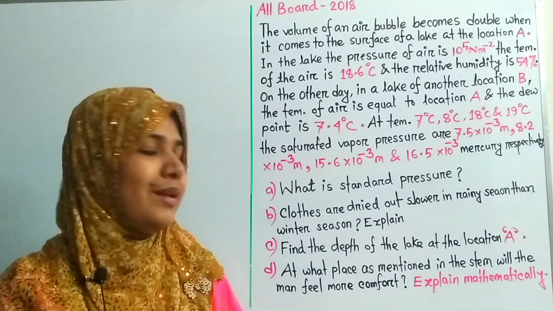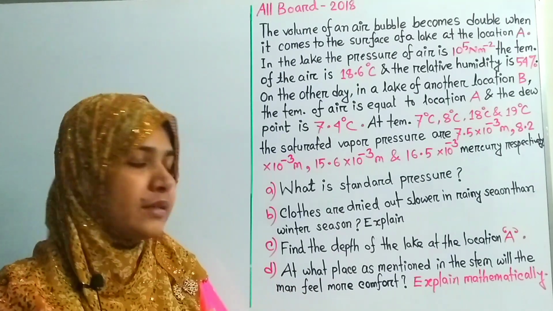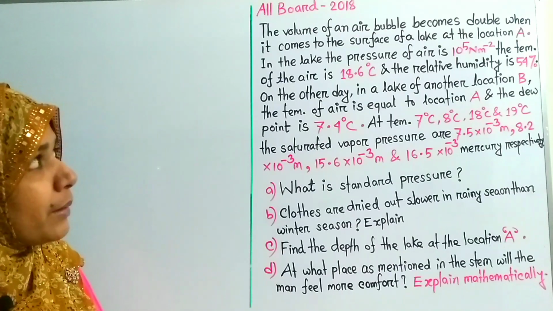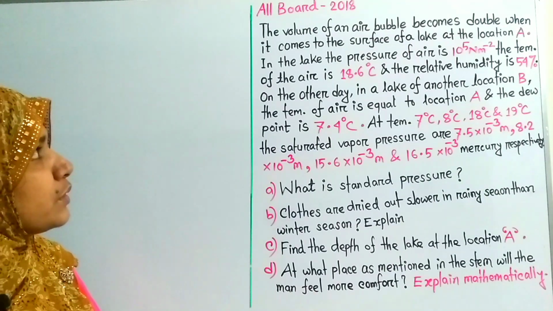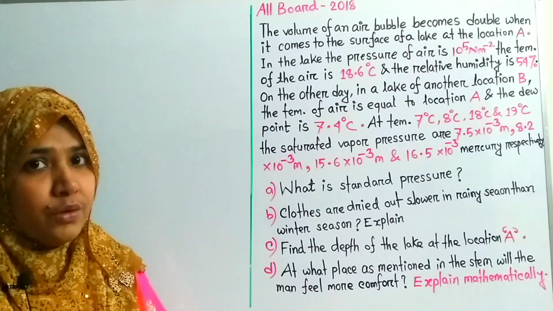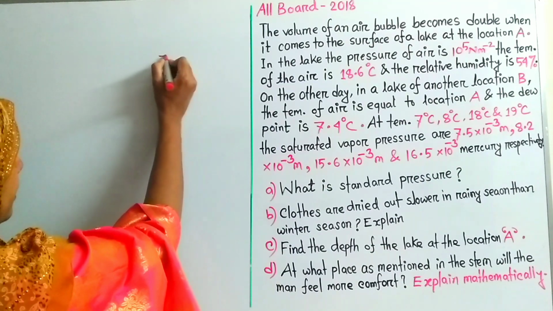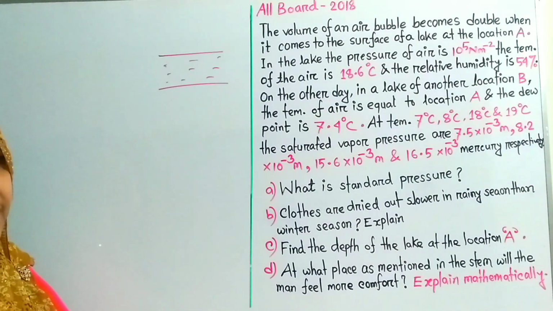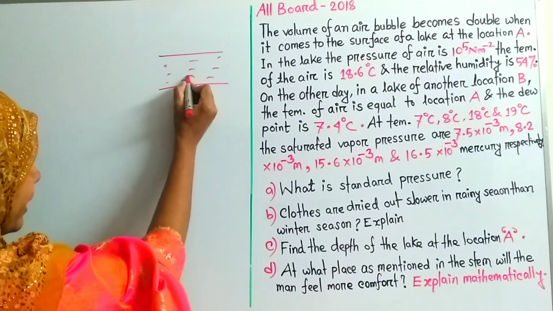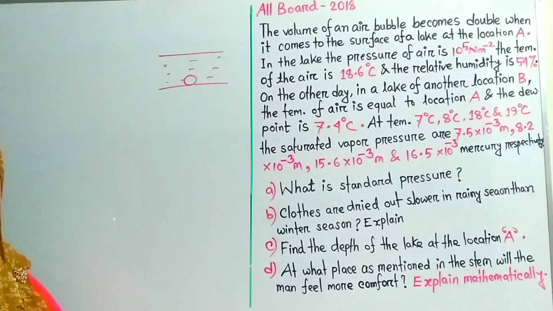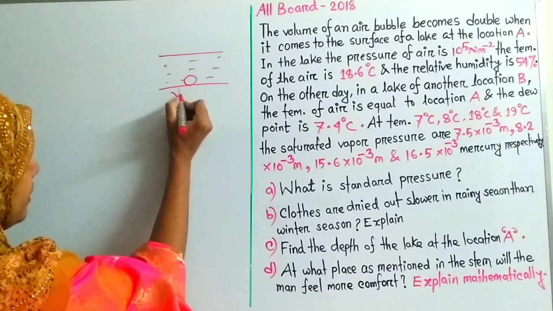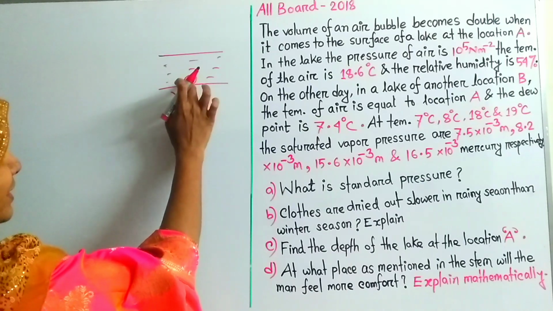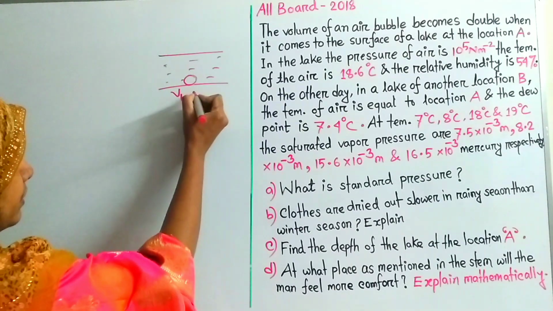Question C is: find the depth of the lake at location A. The given information is that the volume of the air bubble becomes double when it comes to the surface of the lake. Suppose the volume of an air bubble at the bottom of the lake is V1 and the pressure exerted on that air bubble is P1.